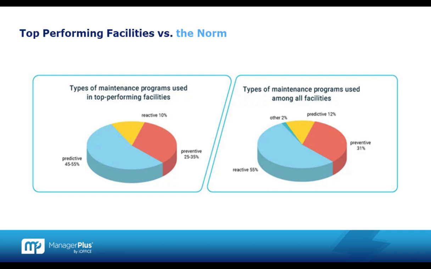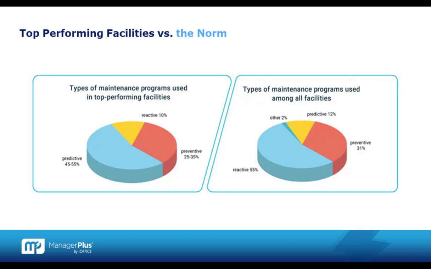So on this slide, we have some other interesting statistics, and what I'm showing here compares top performing facilities, those that are showing exceptional performance in the way they run and operate their facilities, to the norm, or your average facilities. This illustrates the difference in the way top performing and average facilities use maintenance systems to manage their operations and track assets.